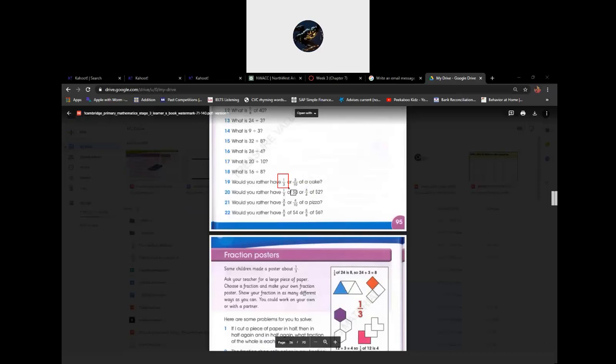Since the numerators are the same, the smaller denominator is the bigger fraction, and 9 is smaller than 10, which means it's 1/3. I would rather have 1/3.